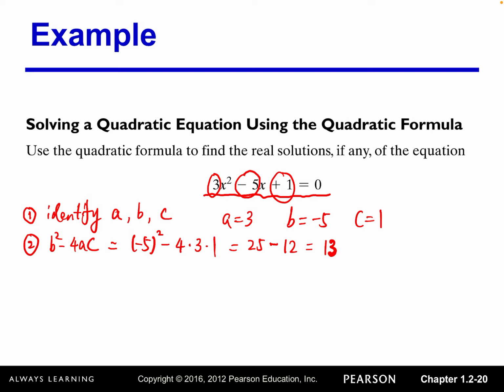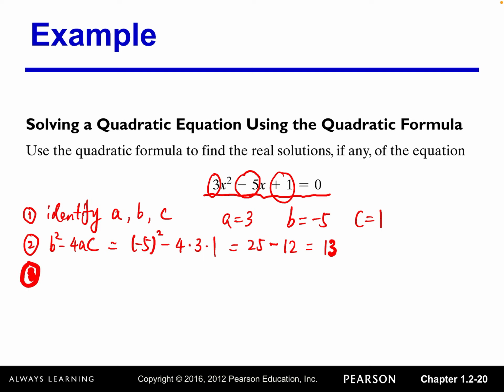Based on this value of the discriminant, we know we should have two real number solutions. All right, and then we plug into the quadratic formula.